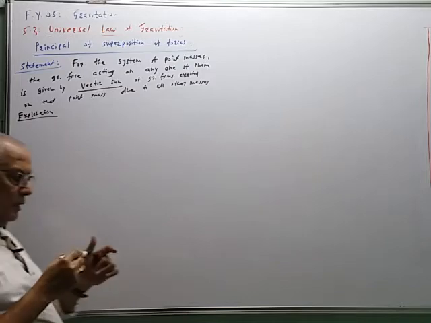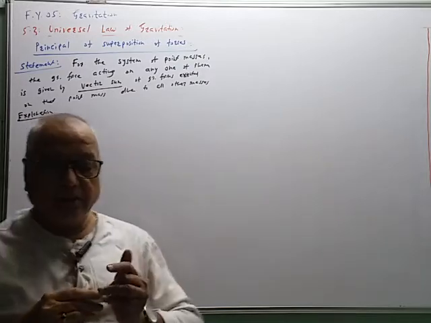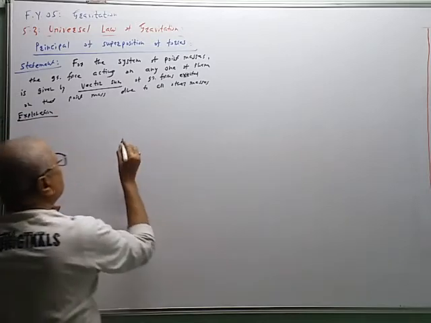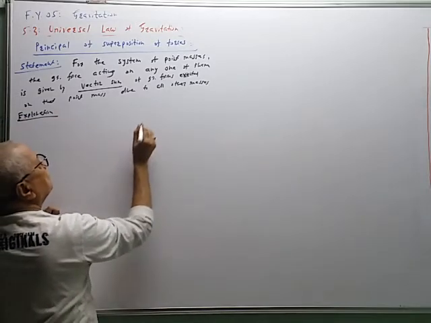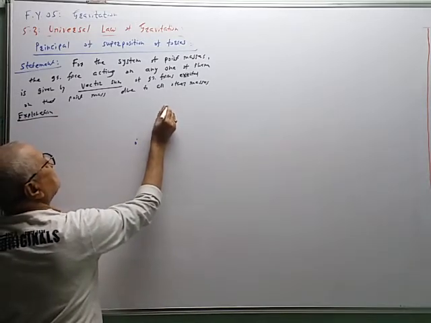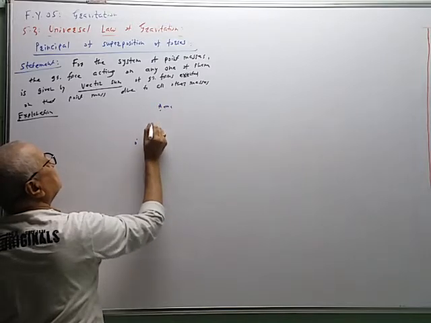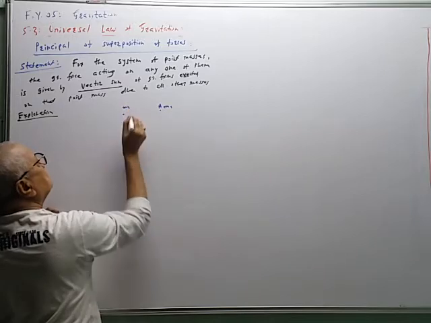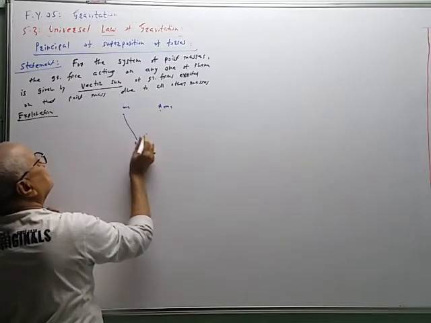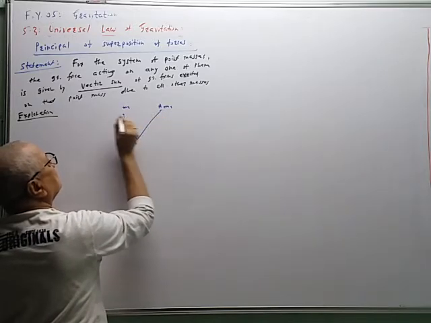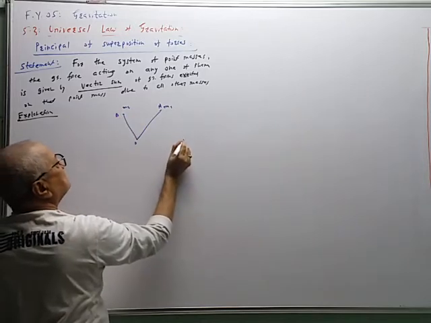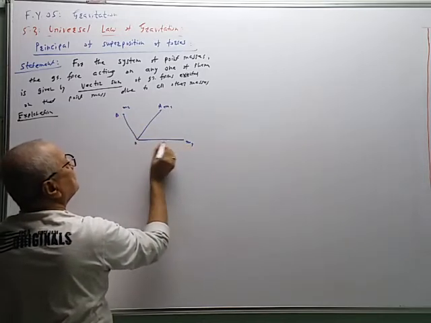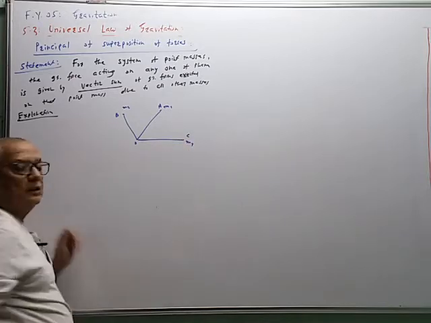Explanation. Here for simplicity we are considering only three point masses. Suppose this is the point O, this is the particle of mass m2 kept at point A, this is another particle of mass m3 kept at point B, and this is m4 kept at point C, like this.